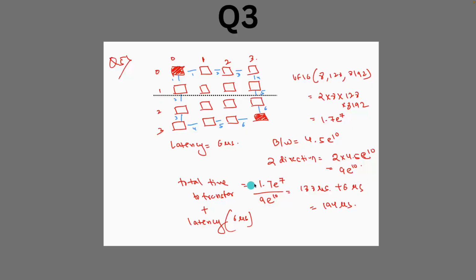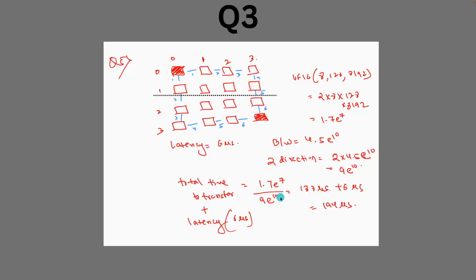So you need to transfer this much data from here to here. How many hops are there? 1, 2, 3, 4, 5, 6 hops. You can send some of the data this way and some of the data the other way, so you cut your data into two parts and send it in two streams, in two directions.